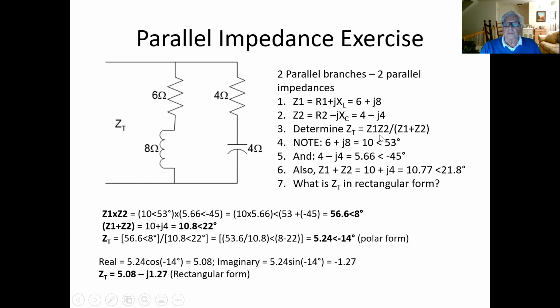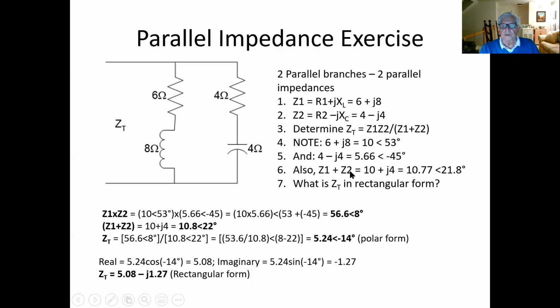Our total is Z1 times Z2 over Z1 plus Z2. 6 plus J8 is 10 at 53 degrees. 4 minus 4J is 5.66, and of course it's minus 45 degrees because the real and imaginary are the same magnitude.